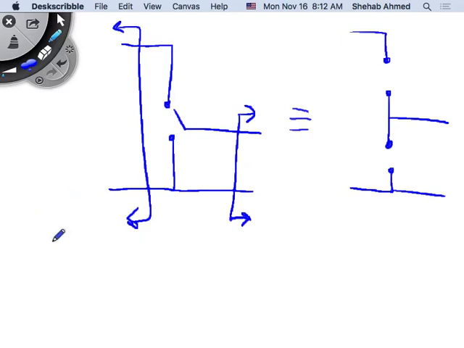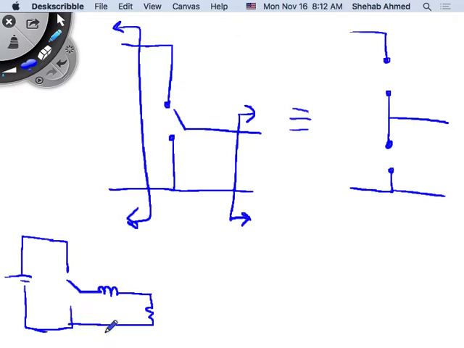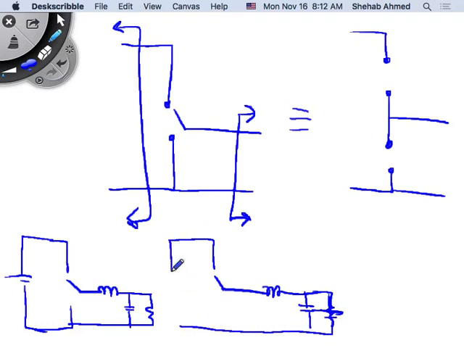So for the buck converter, we would draw it this way. For the boost converter, we would just swap the load and the source. Here I put the source, and here I put the load.